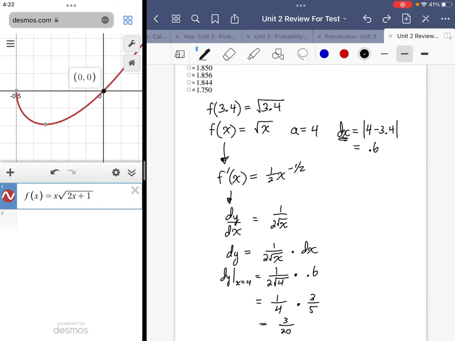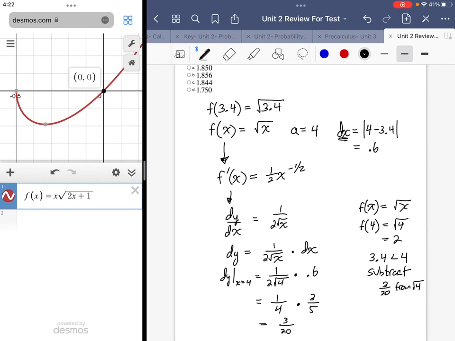All right, so what we look at is what we have as the square root of 4, or a nice value. If I evaluated my original function, f of x is equal to the square root of x, at the a value of 4, I would get 2. Since 3.4 is less than 4, we subtract 3/20 from the square root of 4.